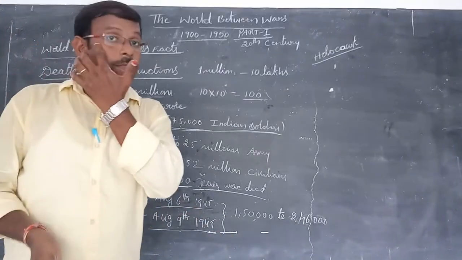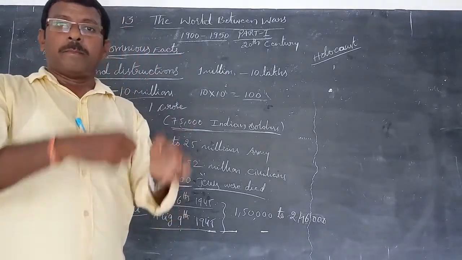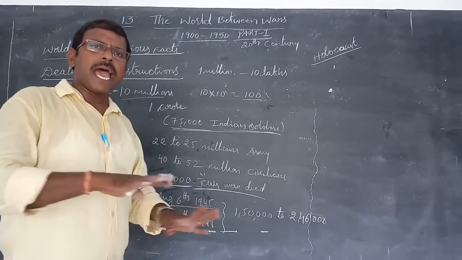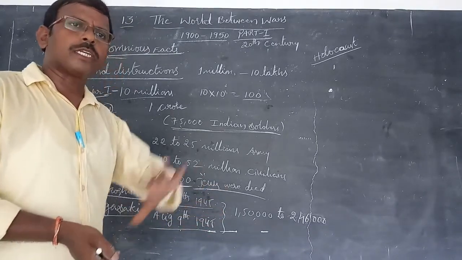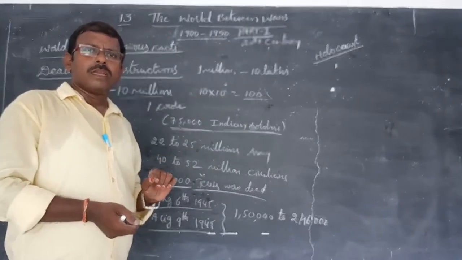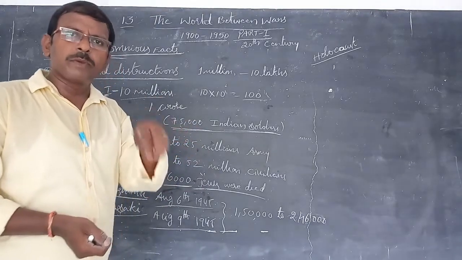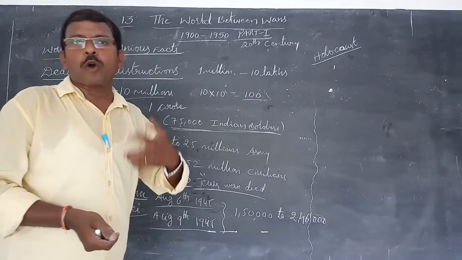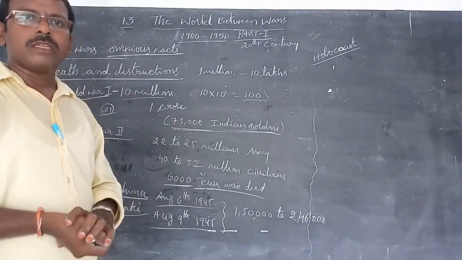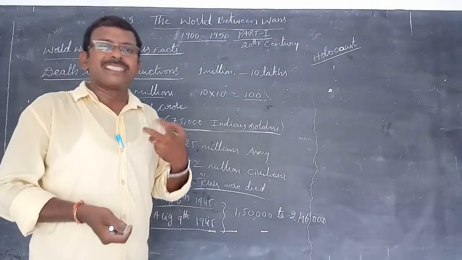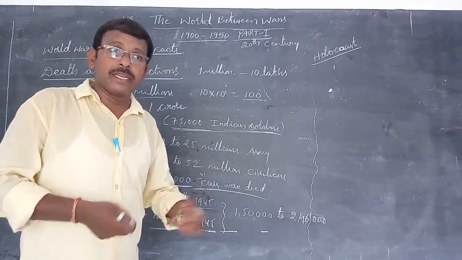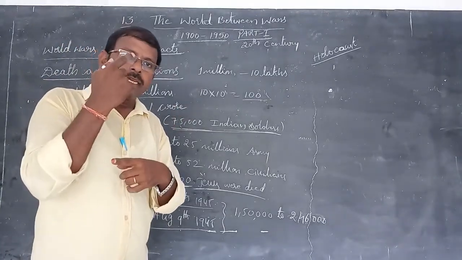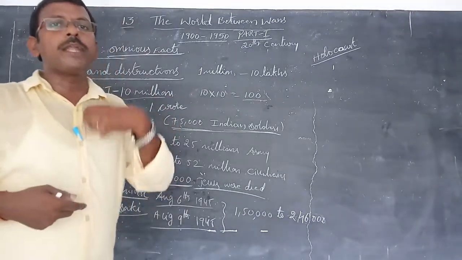Not only that, even now these 2 places are totally barren. There is no greenery, totally barren. The people who are living there are also facing health hazards: leukemia, cancer, lymphoma.